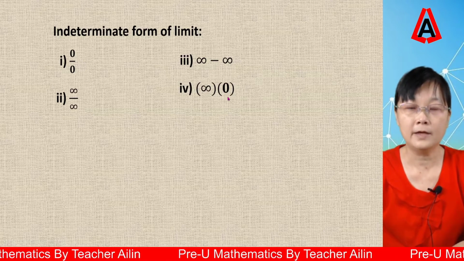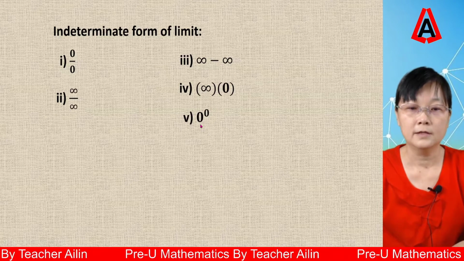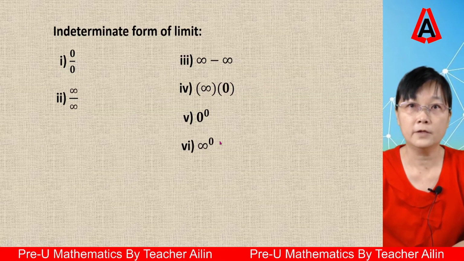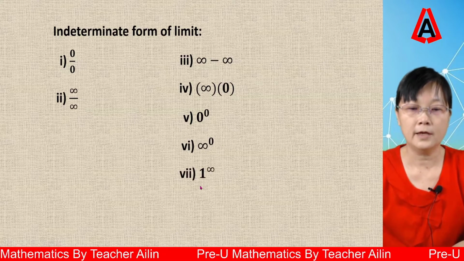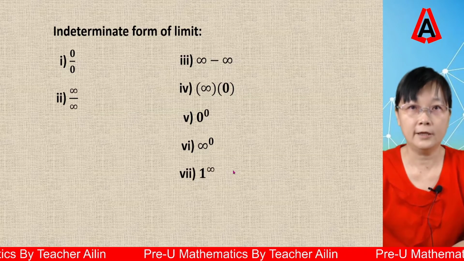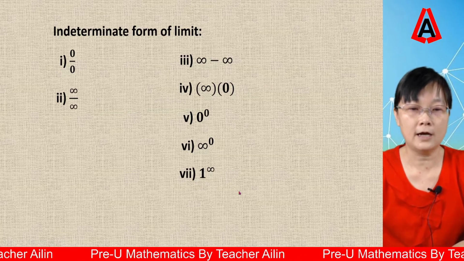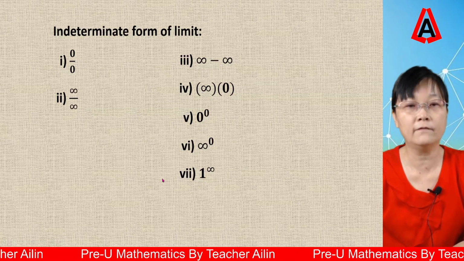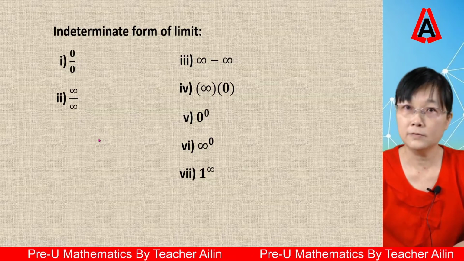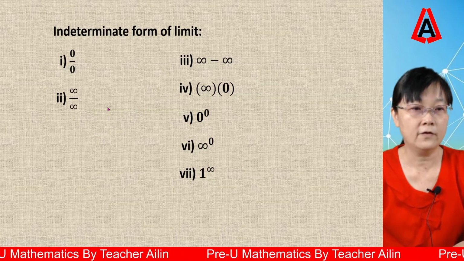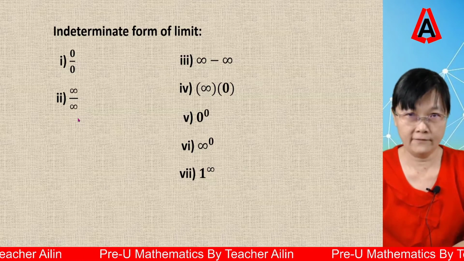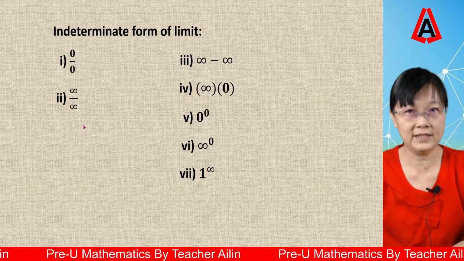Infinity multiplied by 0, 0 power 0, infinity power 0, and 1 power infinity. These we call indeterminate forms of limit. But in this video, I will be focusing on 0 over 0 and infinity over infinity.